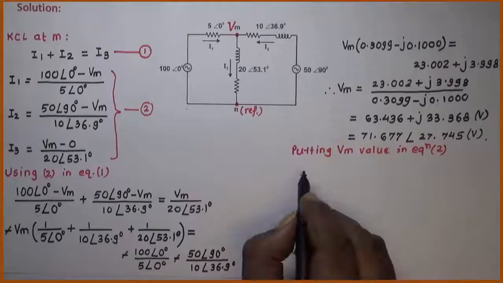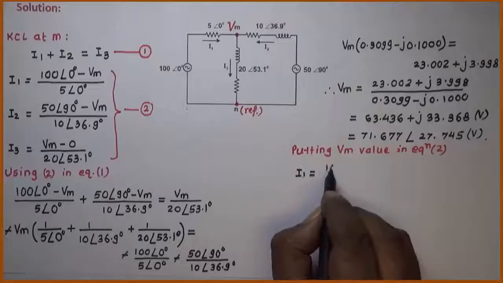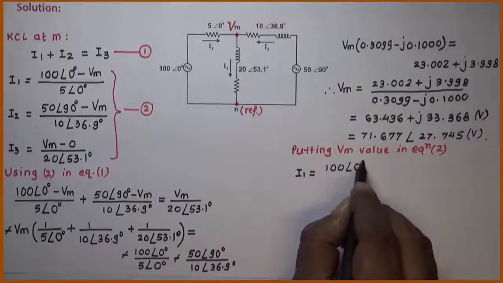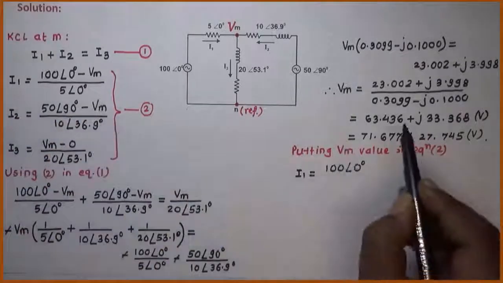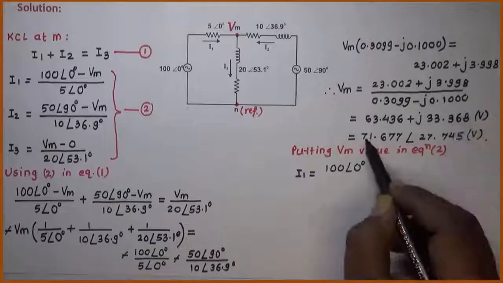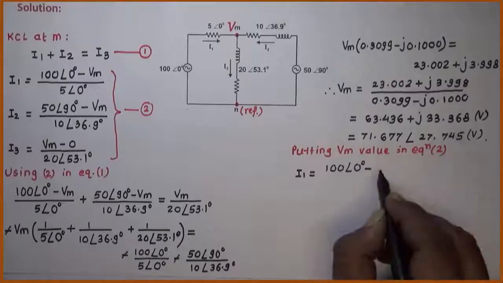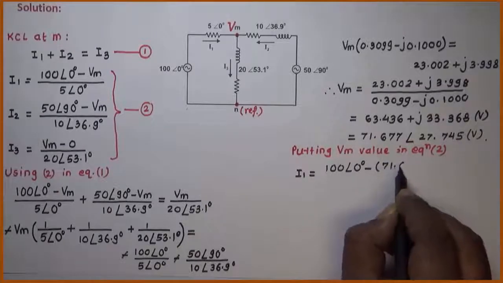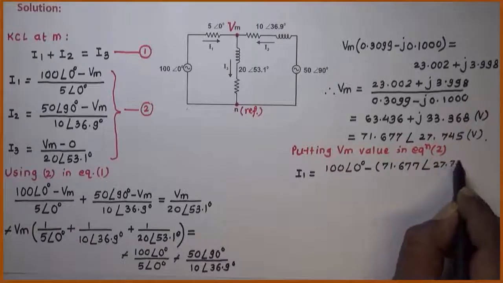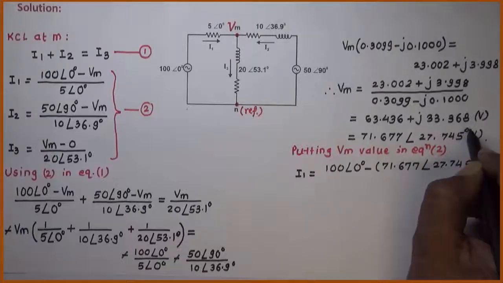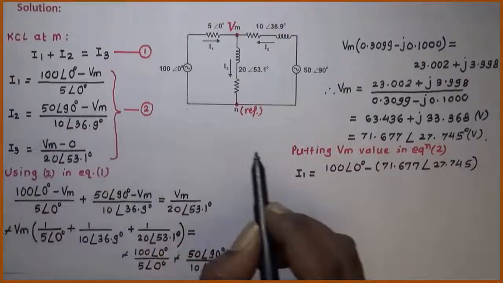we get I1 is equal to 100∠0 minus Vm. Either I can put this rectangular value or I can put this polar value here. Let us put this value, 71.677∠27.745, all these angles are in degrees. This is the value of Vm, divided by 5∠0.